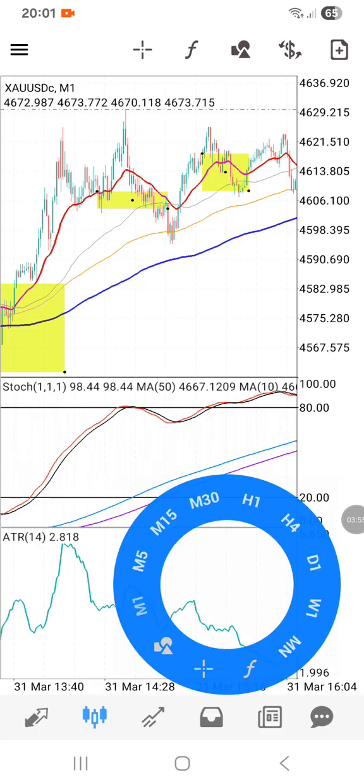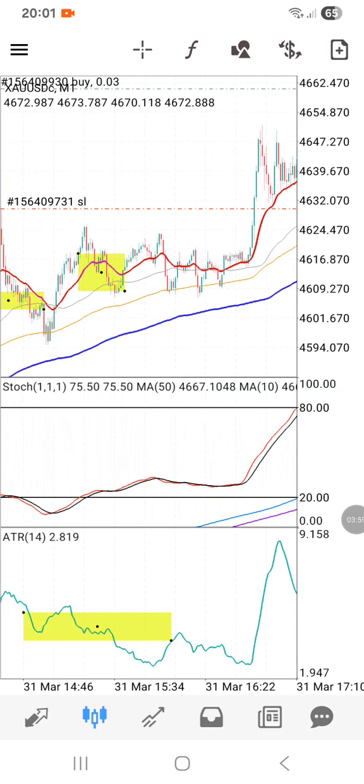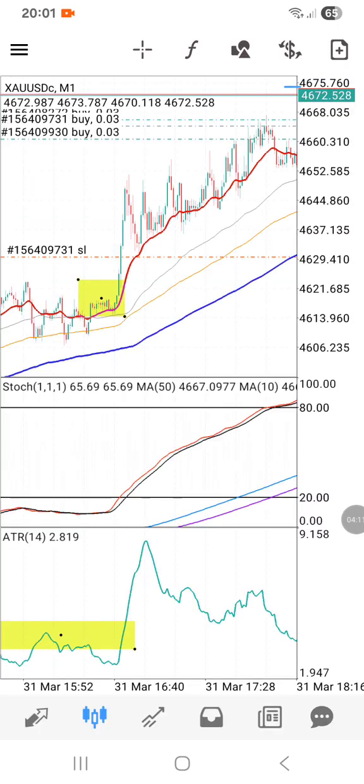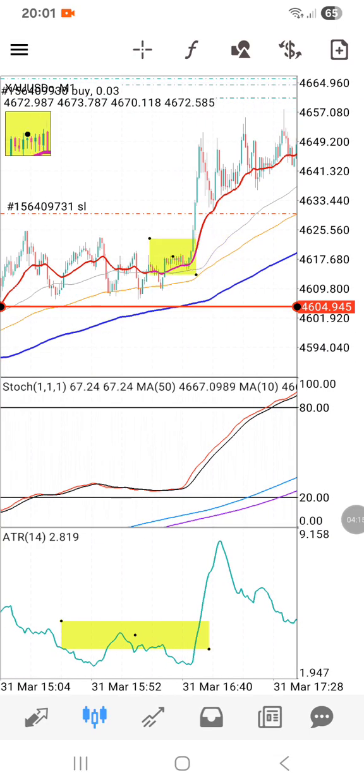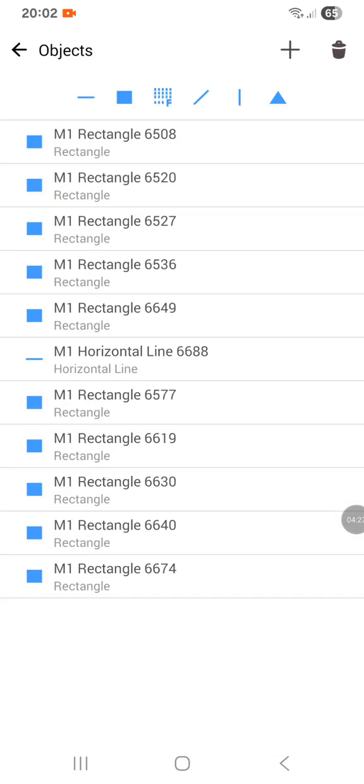Then the purpose of the indicator window 2 ATR is to measure your stop loss. So if you place your buy entry around here, for instance, your stop loss is supposed to be at the blue line, the blue indicator line. But you have to measure the ATR to add to that stop loss.